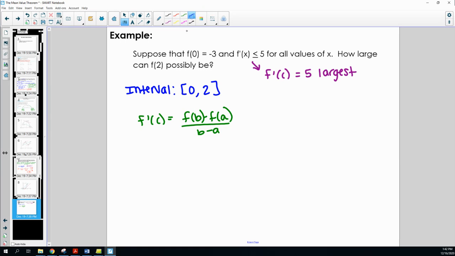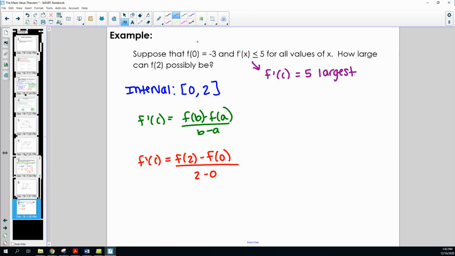So let's plug in things we know. So we have f prime of c is equal to, so we know a is 0 and we know b is 2. So I'm going to do f of 2 minus f of 0, sorry, over 2 minus 0.